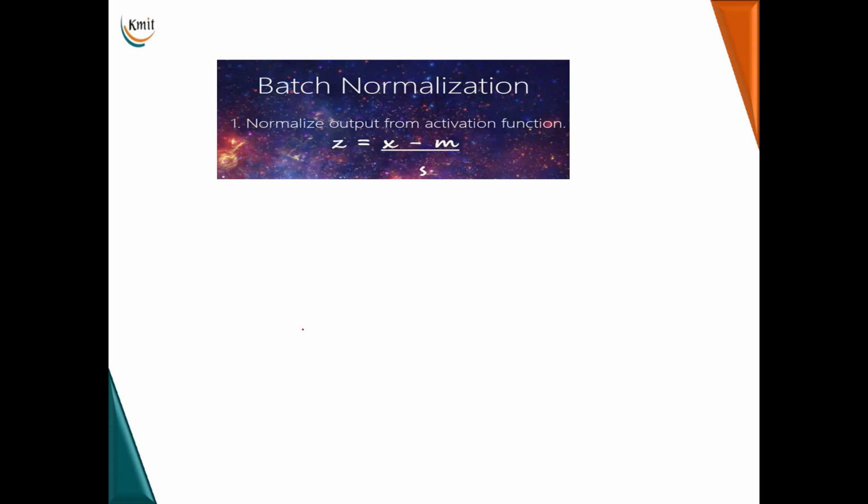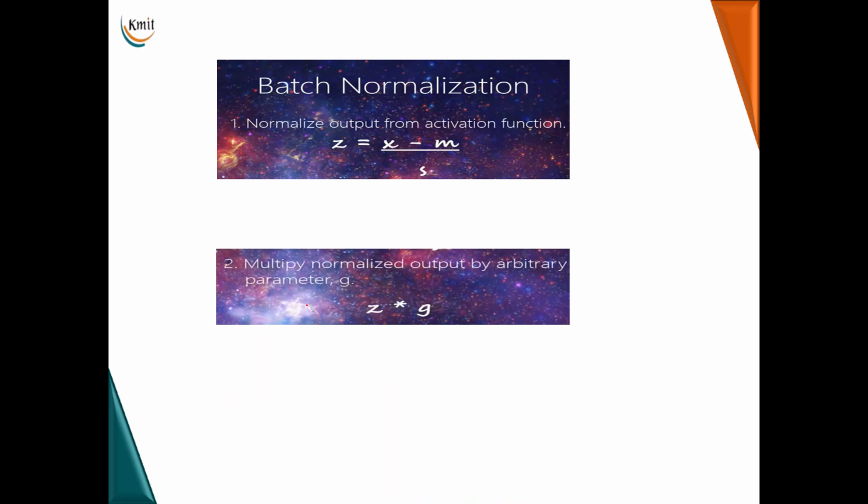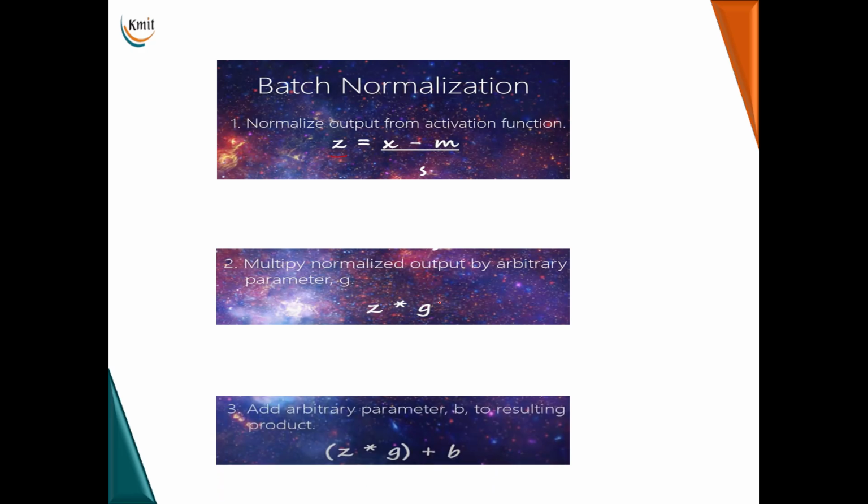So what will batch normalization do? First step, it will normalize the output from the activation wherever it finds an extremely large output of the neuron. How will it normalize? Subtract the mean from that value and divide it by the standard deviation. Second step in batch normalization is to multiply that normalized output with an arbitrary parameter called G. And the third step is to add a second arbitrary parameter B to the result of the second step.